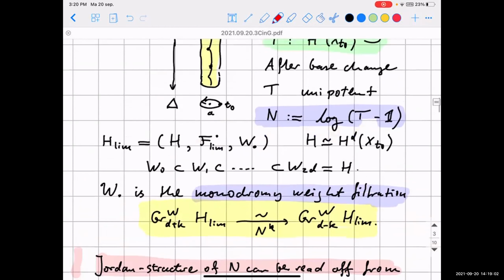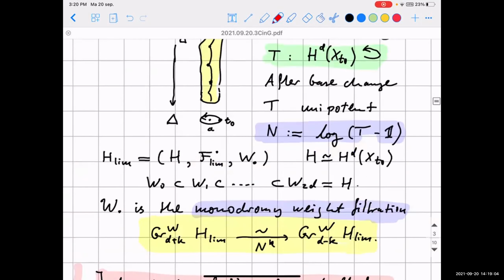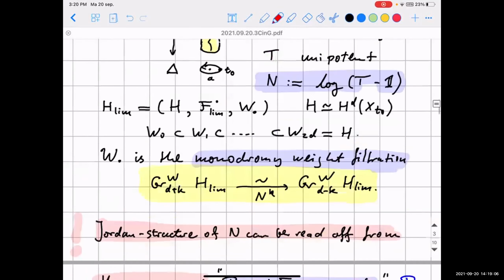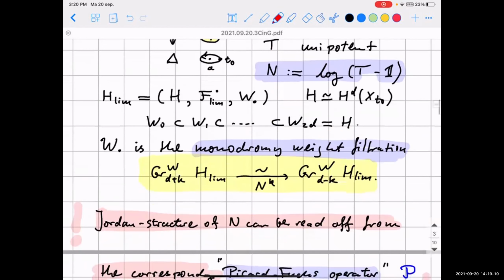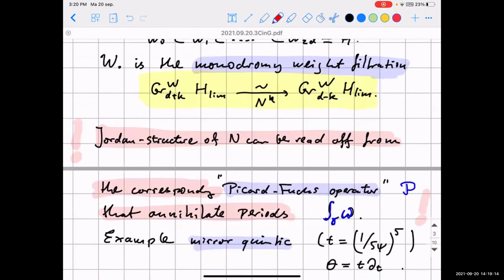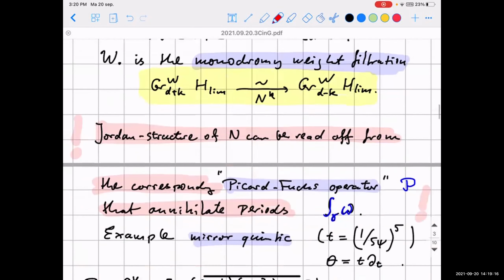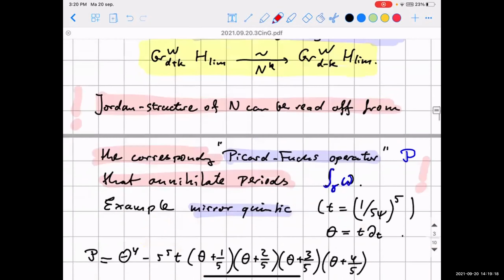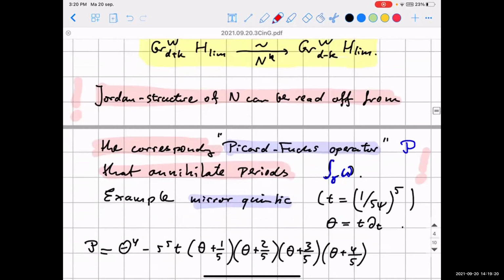So we take a differential form, integrate over a cycle in the fiber, we get a multi-valued function on the base. It's annihilated by a certain differential operator. And this is called the Picard-Fuchs operator. So it depends on the family, of course. It depends on the choice of your differential form.